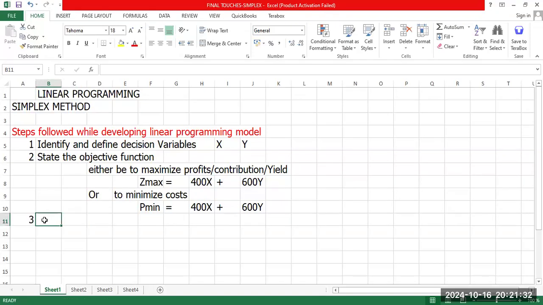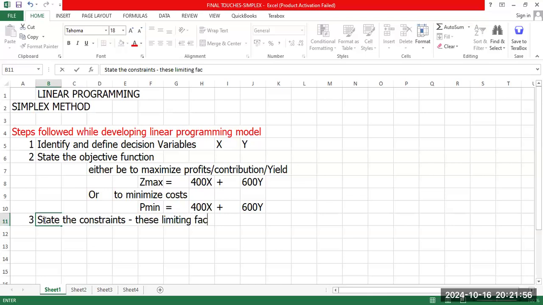Step number 3 is to state your constraints. Remember, these constraints are limiting factors.